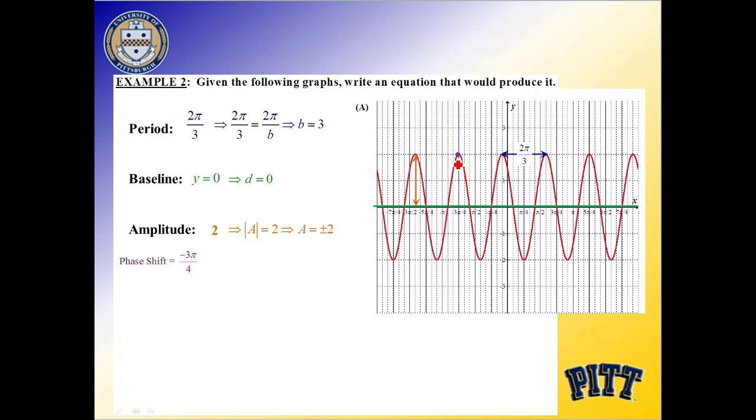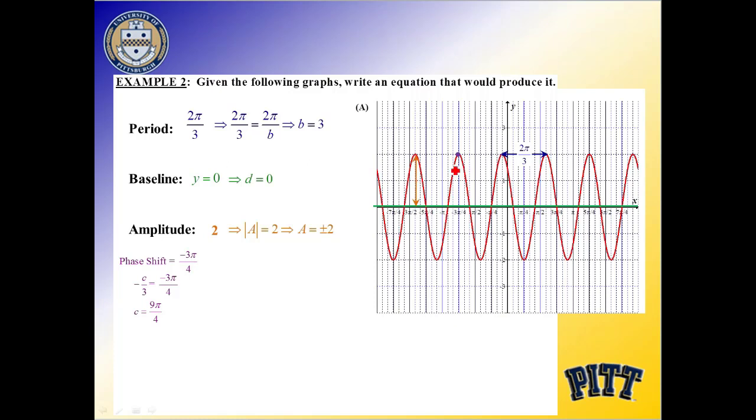I'm letting my phase shift be negative 3 pi over 4. I know that's calculated by doing negative C over B, and I've already figured out that B was 3, so I would solve this little equation: negative C divided by 3 equals negative 3 pi over 4. Multiply both sides by negative 3, and I get that C is 9 pi over 4. So that gives me the C value I need.